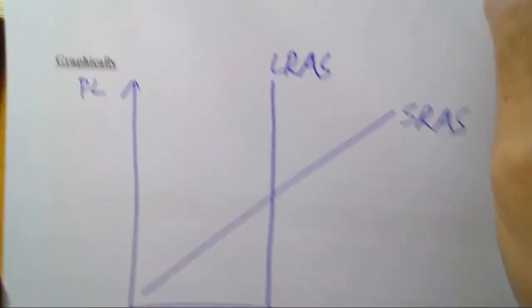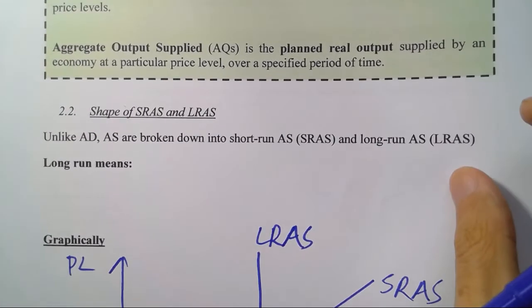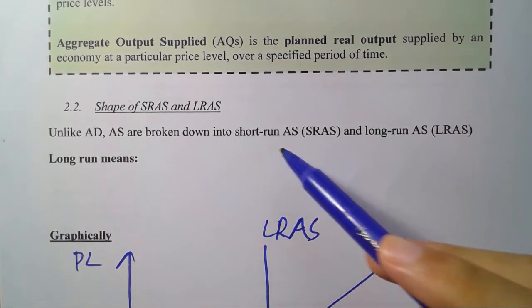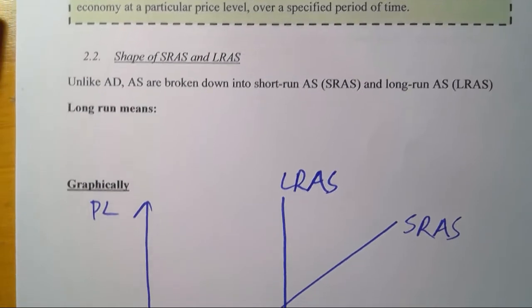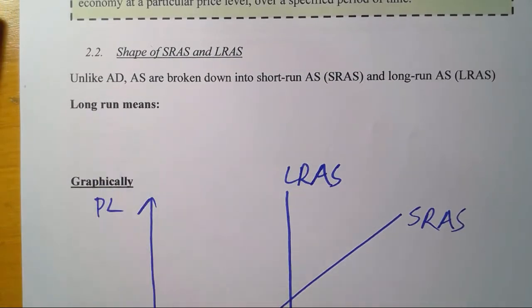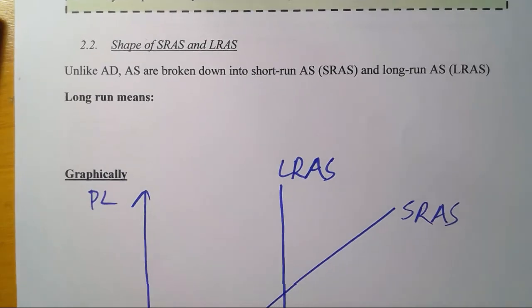Okay, now, then you may be asking, what is the definition of long run versus short run? Okay, now we will talk about that very soon. But for now, let's remember, long run stands for two implications.